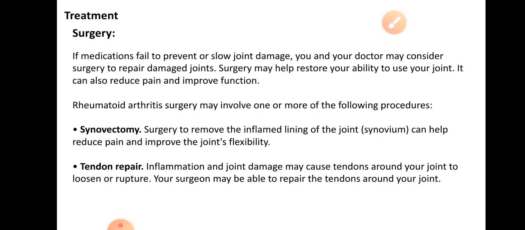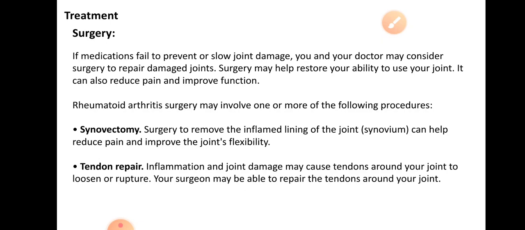Next is surgery. If medications fail to prevent or slow joint damage, you and your doctor may consider surgery to repair damaged joints. Surgery may help restore your ability to use your joint. It can also reduce pain and improve function. Rheumatoid arthritis surgery may involve one or more of the following procedures.